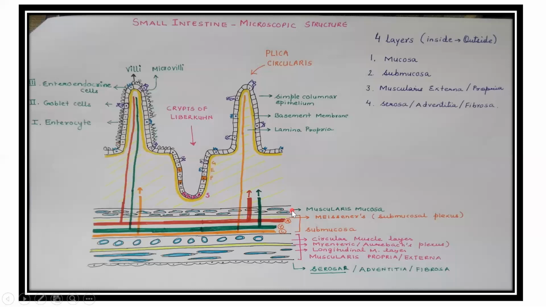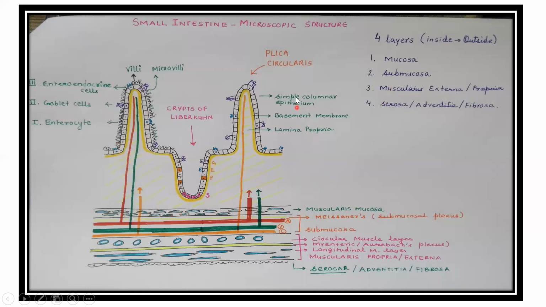It is a layer of single muscle cells forming the base of the mucosa. Please understand that muscularis mucosa is a layer that is separate from muscularis externa, because this is not the proper muscle layer, whereas muscularis externa is a proper muscle cell layer.